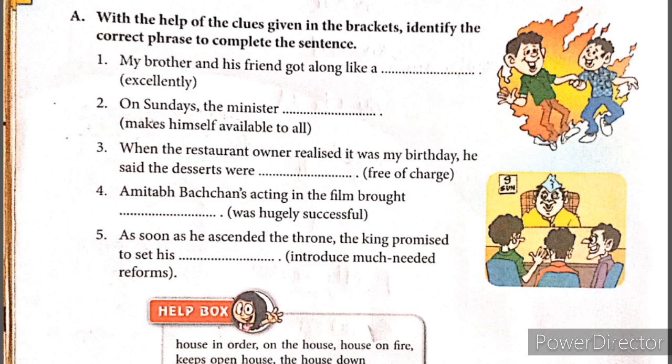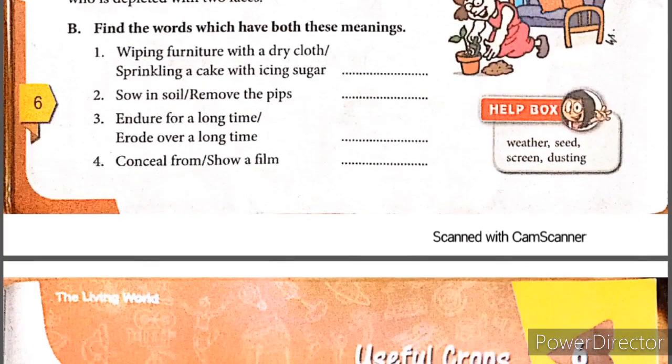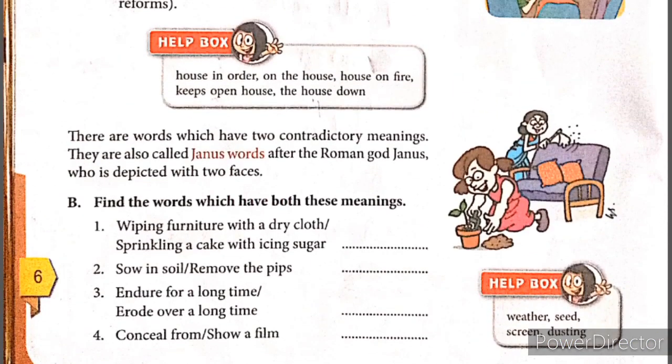As I said, there are words which have two contradictory meanings. They are also called Janus words, after the Roman god Janus, who is depicted with two faces.